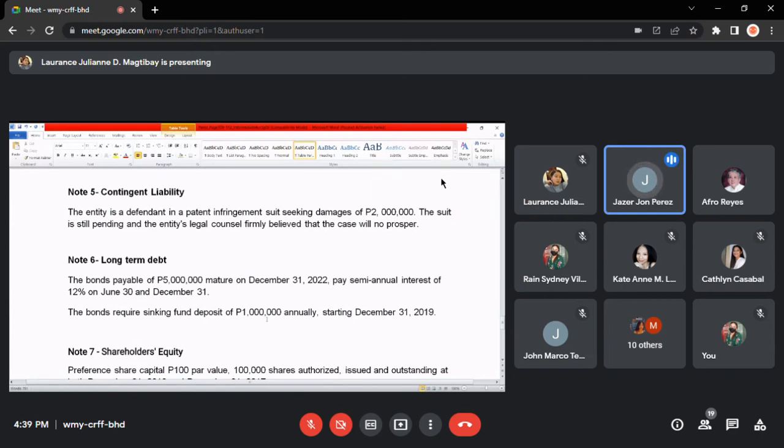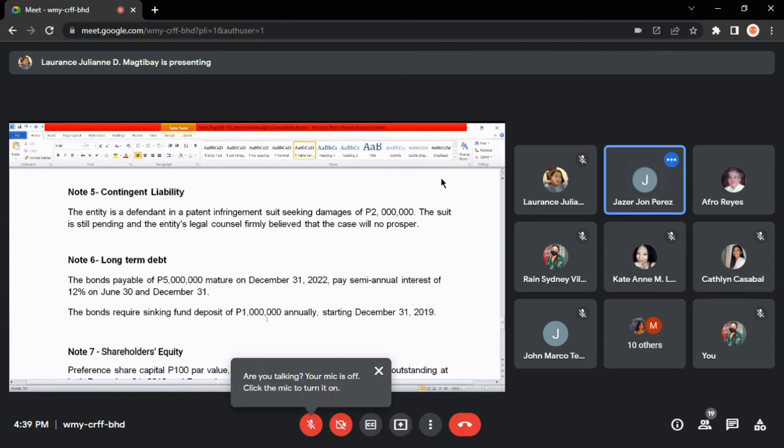Sabi dito, yung entity daw is a defendant, tapos yung mga damages na nangyari sa patent infringement ay nagkakahalaga ng 2 million. And yung suit ay nagpe-pending pa rin, ongoing. But the entity's legal counsel believes that the case will not prosper. Ibig sabihin nun, hindi na siya i-continue pa.